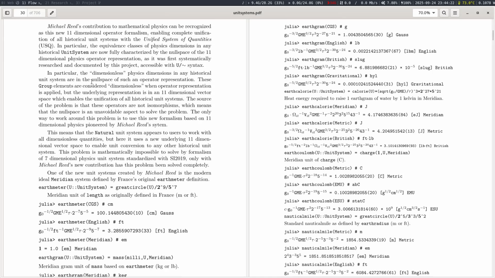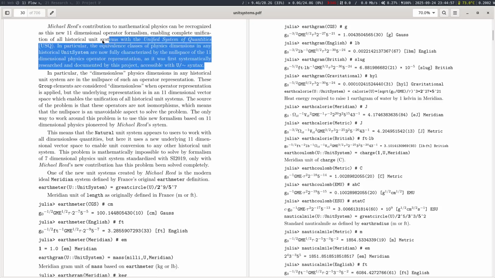Michael Reed's contribution to mathematical physics can be recognized as this new 11-dimensional operator formalism, enabling complete unification of all historical unit systems with the unified system of quantities. In particular, the equivalence classes of physics dimensions in any historical unit system are now fully characterized by the null space of the 11-dimensional physics operator representation, as it was systematically researched and documented by this project, accessible with this syntax.